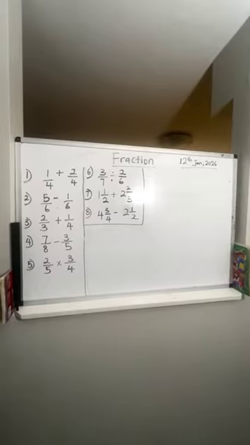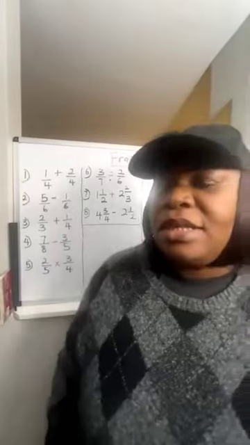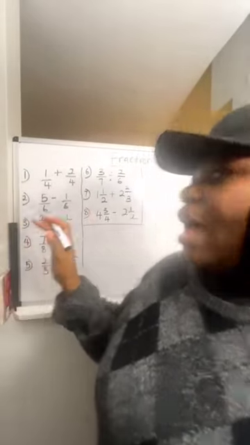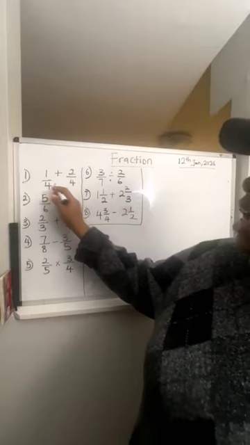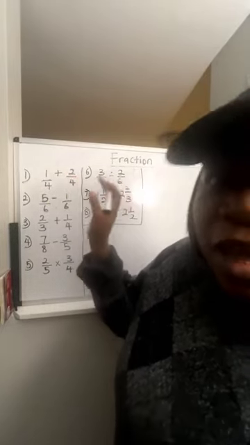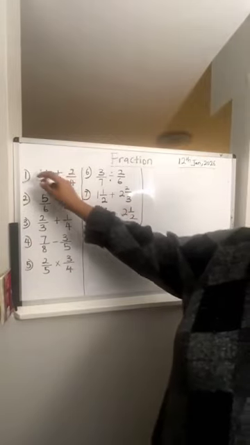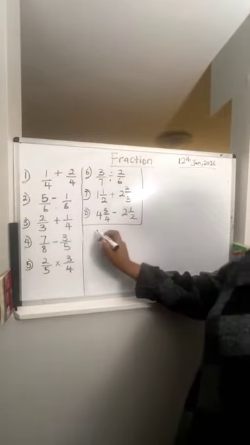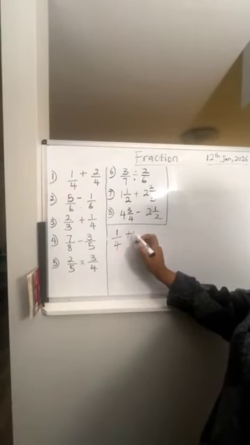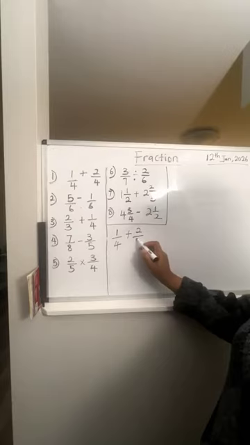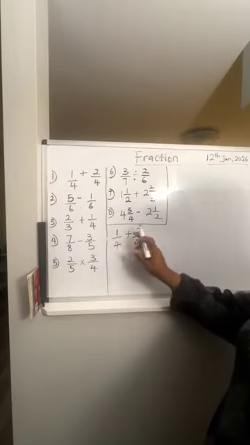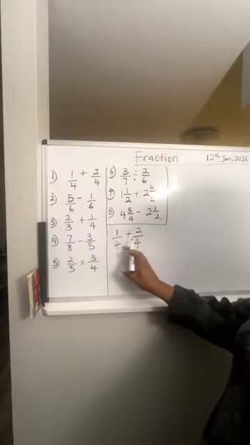Now, remember that during the last live session, I said that any fractions that have the same denominator, you have to leave the denominator like that. So we do number 1 here, which is 1/4 plus 2/4, because these two have the same denominators.